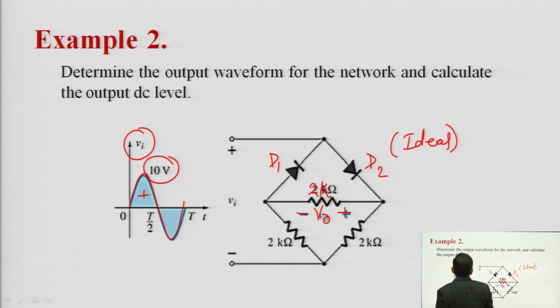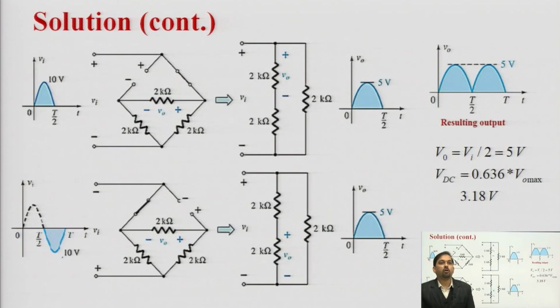The first step is during the positive half cycle. We can observe here that diode D2 will be on and diode D1 will be off. So during the positive half cycle we can draw the equivalent circuit. Diode D2 will be on, a short circuit, whereas diode D1 is off, an open circuit.